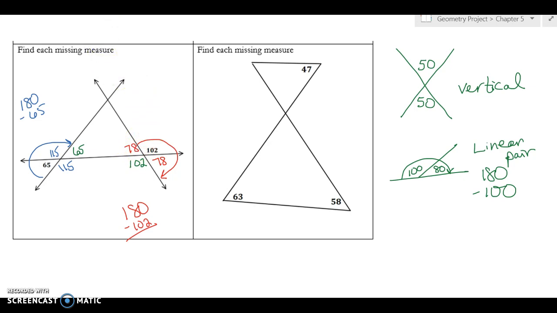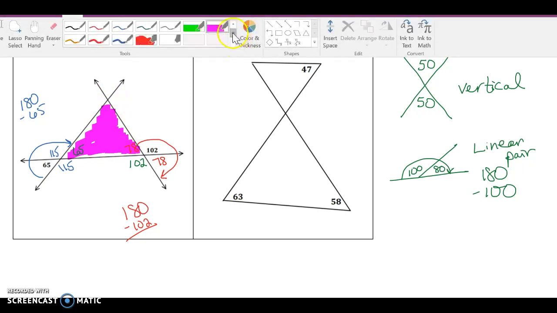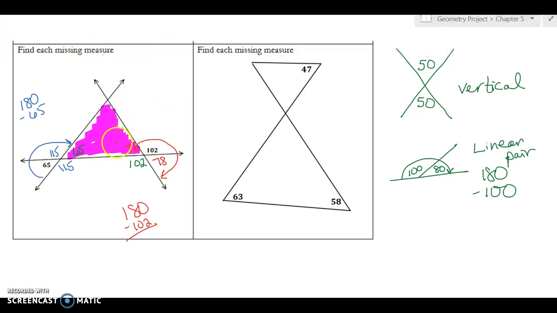The next part is the only part that gets a little tricky to see. What you need to visualize is this triangle right here. And remember, when you have a triangle, the three angles inside of a triangle add up to 180. So 65 plus 78, that is 143. And then I do 180 minus 143, and that's going to give me 37.